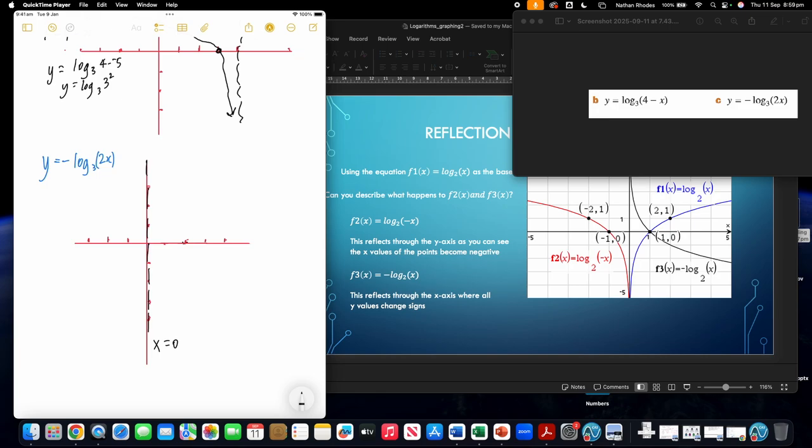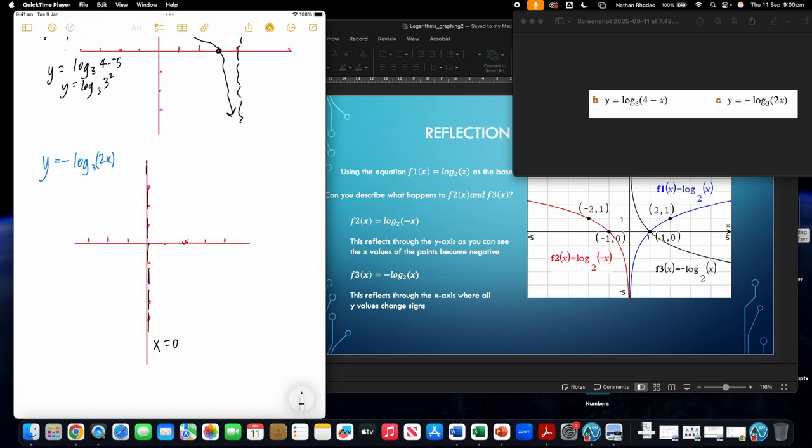We know from our reflection that it's going to be reflected. So we try different values of x that will give me a base that I can work with, because I've got a log base 3. 3 squared is 9.